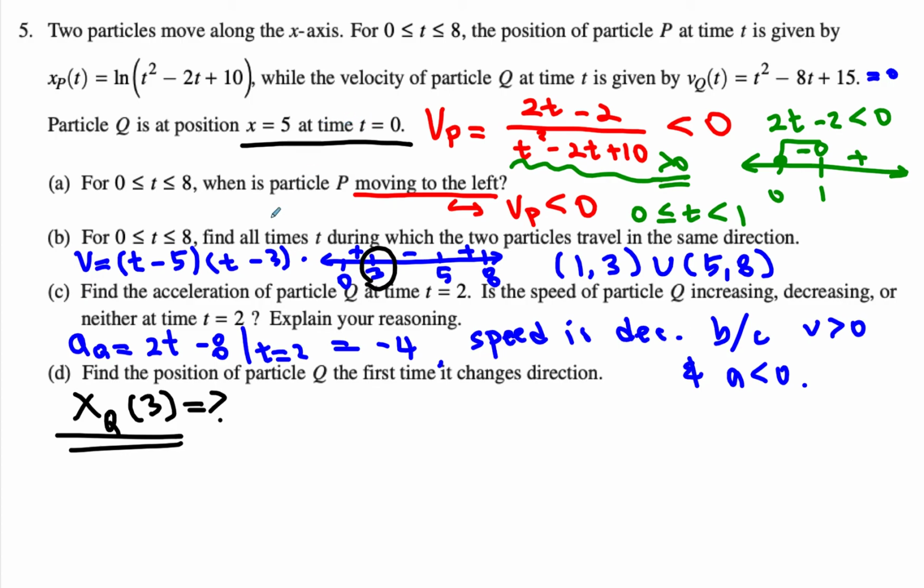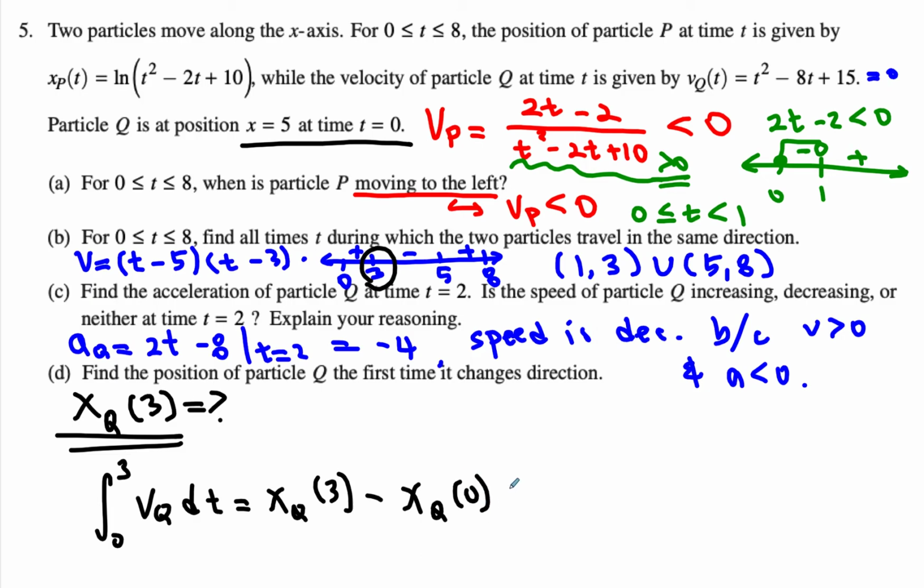So we know x of 0, and we want x of 3. So the integral from 0 through 3 of v of Q dt has to be equal to x of Q of 3 minus x of Q of 0.